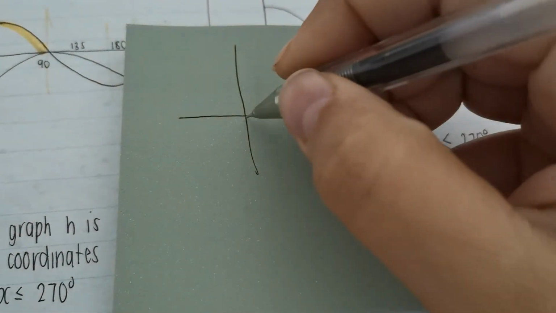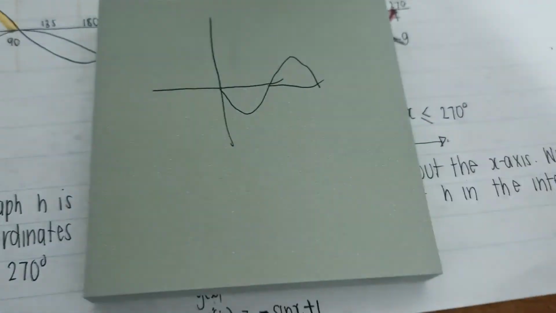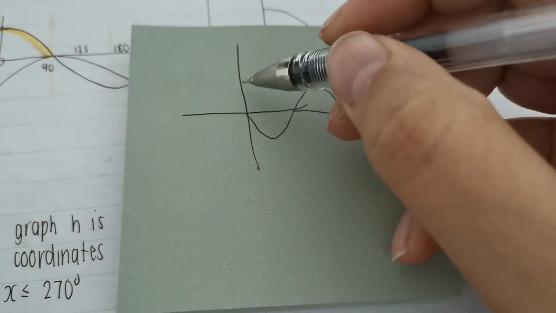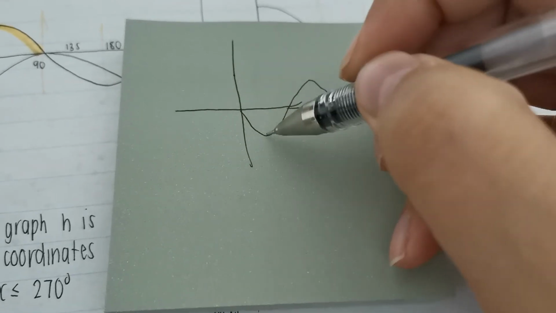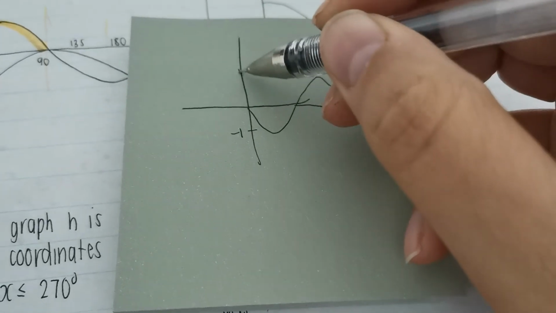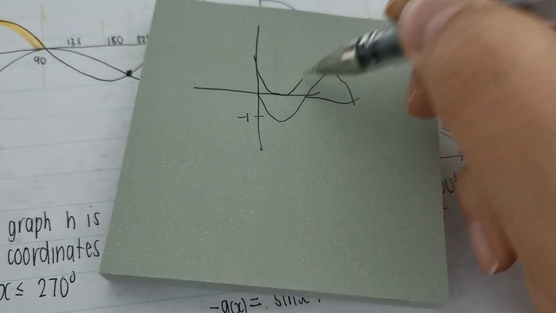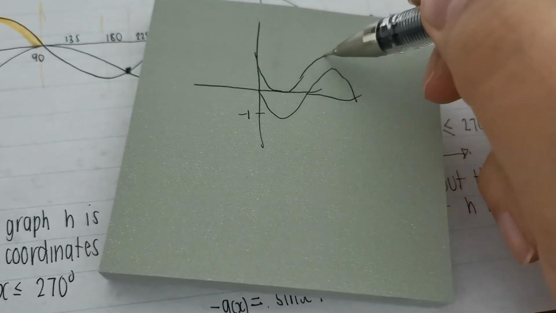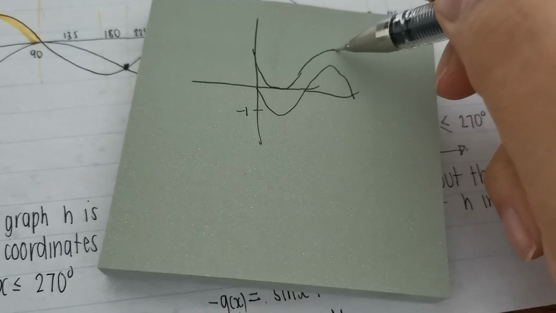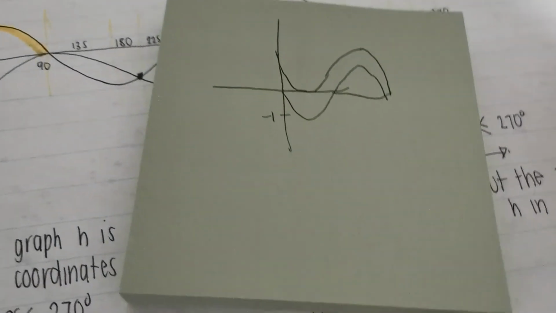Right, so this is what it's supposed to look like, but everything is getting shifted up 1 unit. So this here should have been at negative 1. It's now going to go here at 0. This here should have been at 1. It's now going to go to 2, isn't it? And it's going to come down like that. That's what's going to happen.